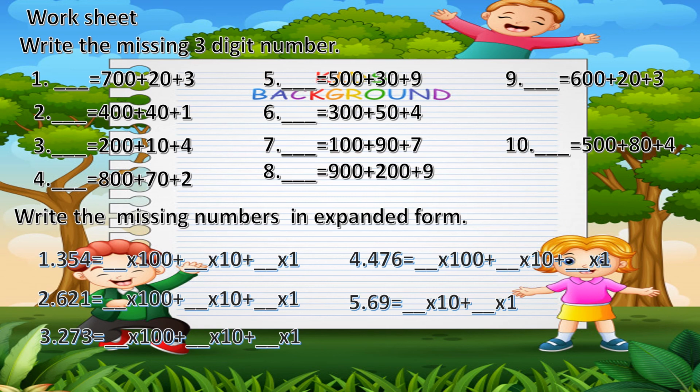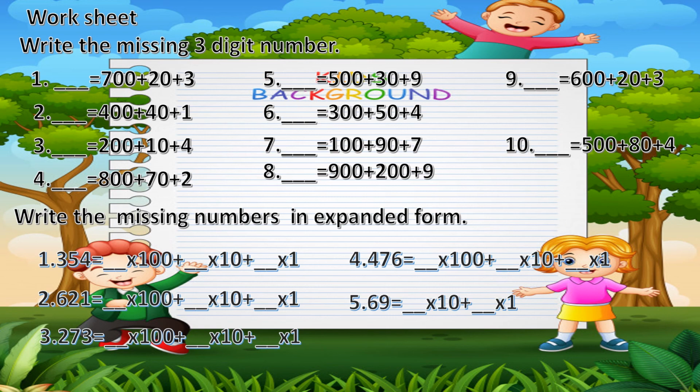So we have here an expanded form. Number 1, blank is equal to 700 plus 20 plus 3. 700 plus 20 plus 3 is the expanded form. What we're going to do is find the missing standard form.